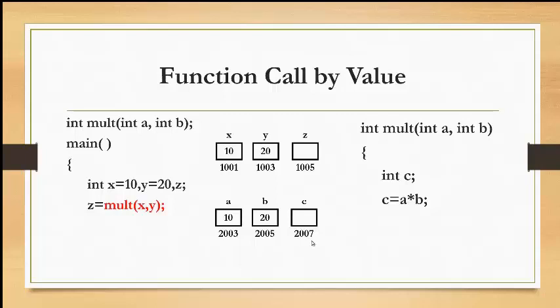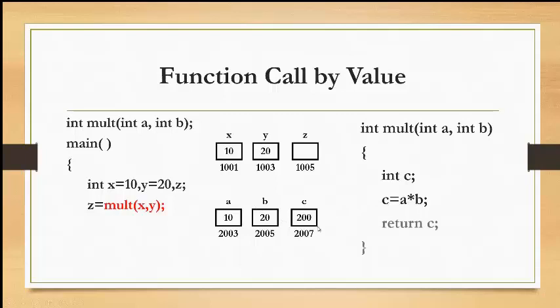The a value and the b value are getting multiplied, and that value is assigned to the variable c. So 2007 is the memory location, identified by the variable c. The result of a into b, that is 10 into 20, 200, is getting assigned to c.